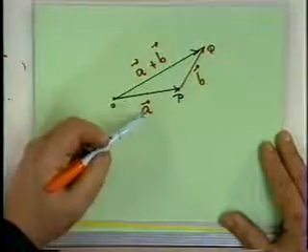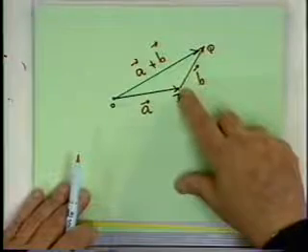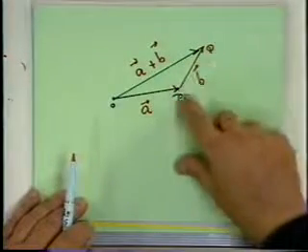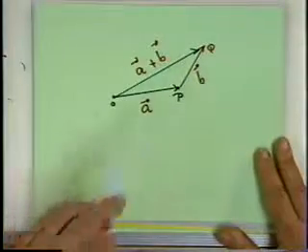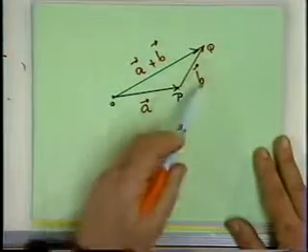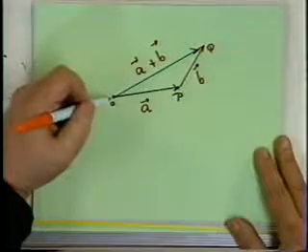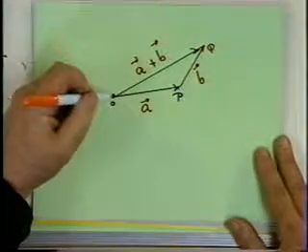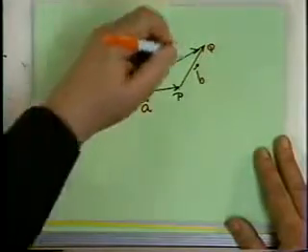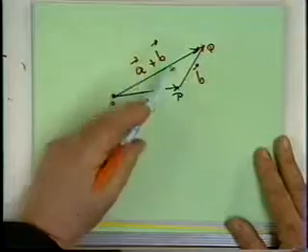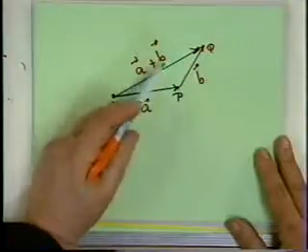We'll call that vector A. Now suppose at the head of P, I put down another vector B that terminates at the point Q. See what's happened? The second vector starts at the head of the first vector. Now I draw the vector, the line, that starts at the tail of the first and goes to the head of the second. See that vector? That's called the vector sum. That's how we're going to add 2 vectors.